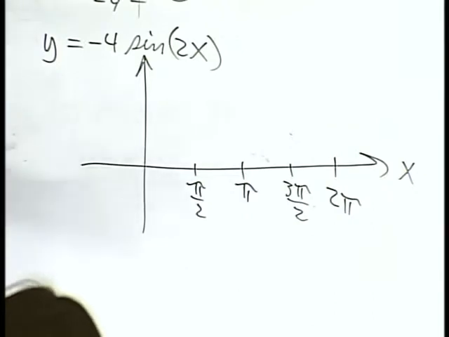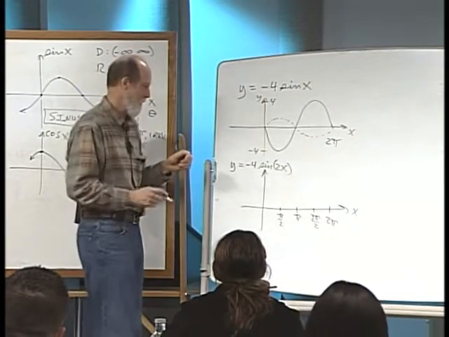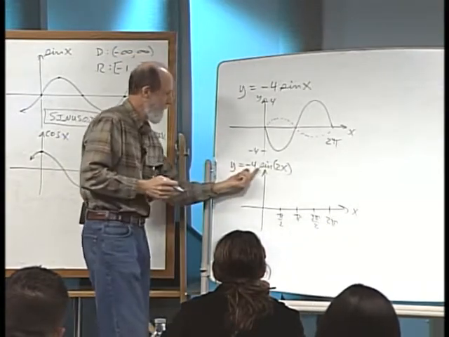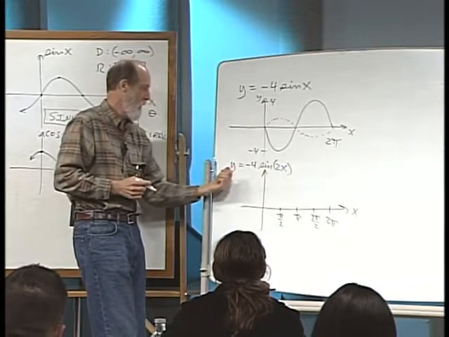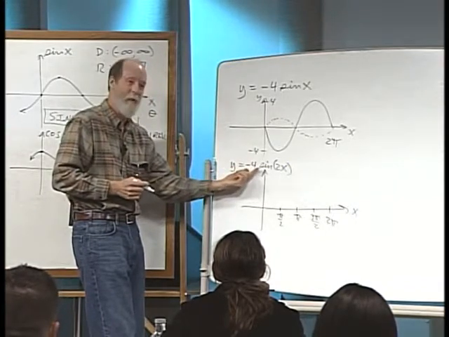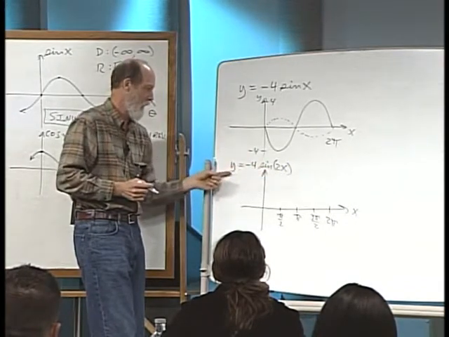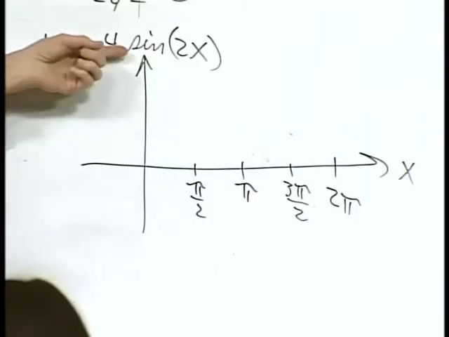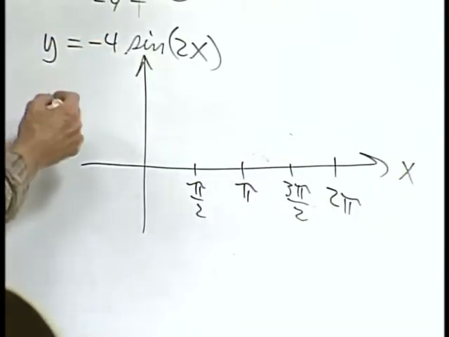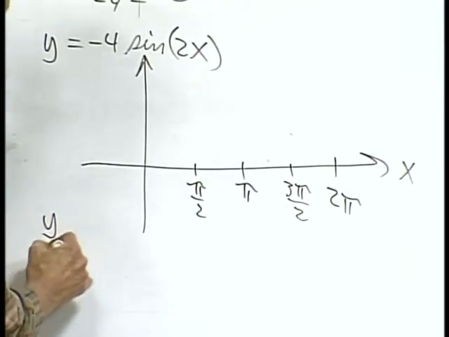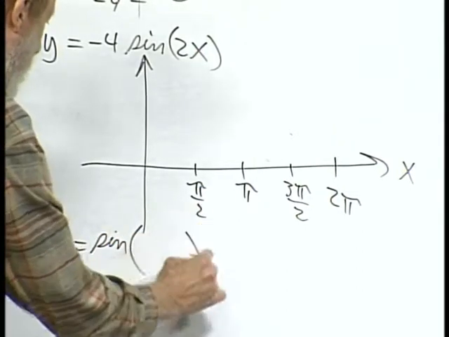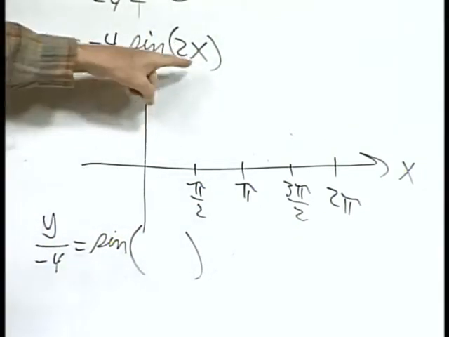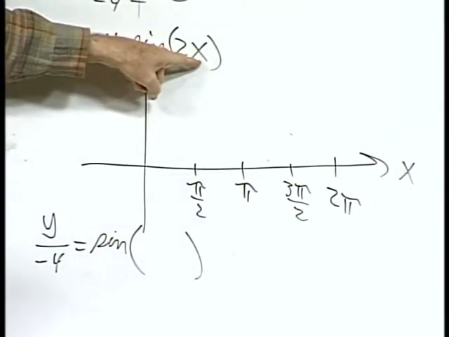So there are several ways of presenting that. One way is the way I illustrated in the last session: if I take this -4, which is outside the function, and move it over to the other side, the way we would do that algebraically is by dividing both sides by -4. So we could write this as y over negative 4 equals the sine of this x stuff over here, that thing with 2x in there.